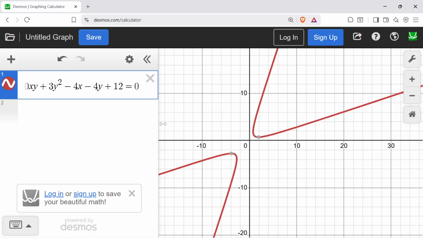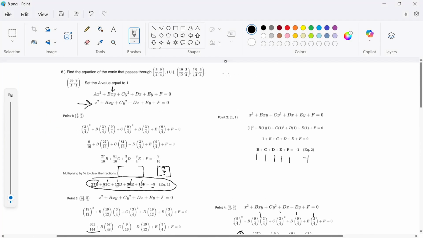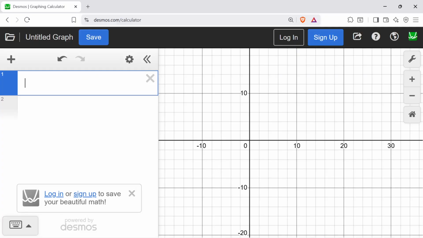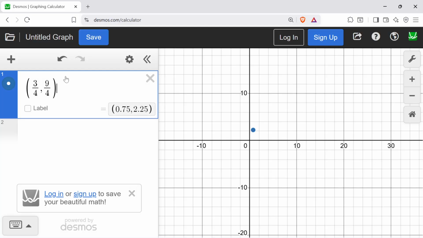And that's it. Now, can you figure that out using just the points that were given? Well, let me try. I've got 3/4, 9/4, whoops. That'll be 1 point.